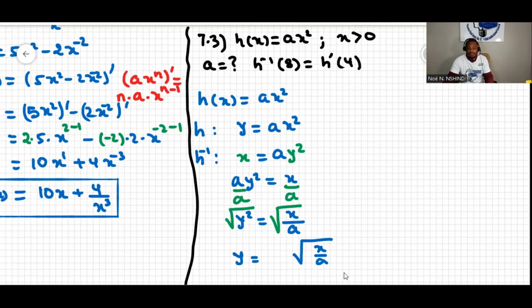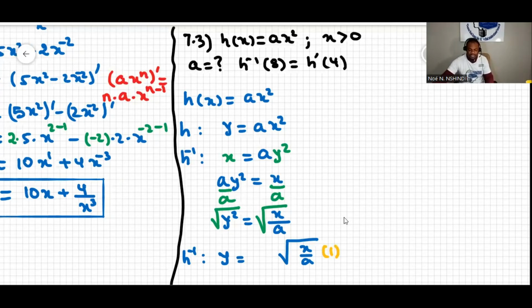That's the value of h minus 1. So h minus 1, the inverse, is y equal to the square root of x over a. I call it equation number 1. Now move on.